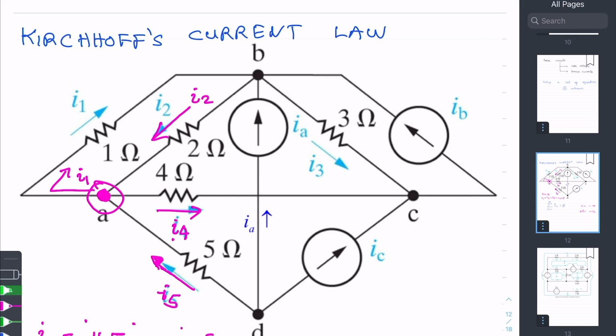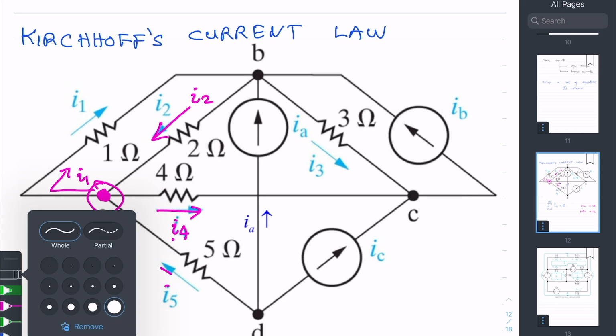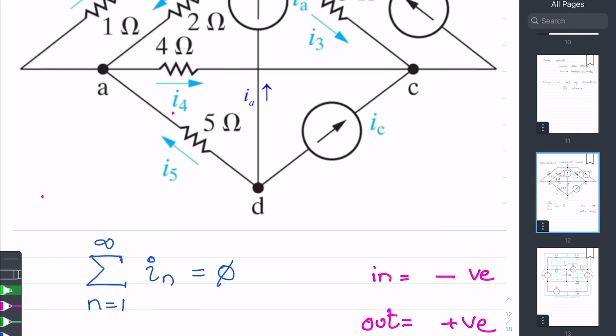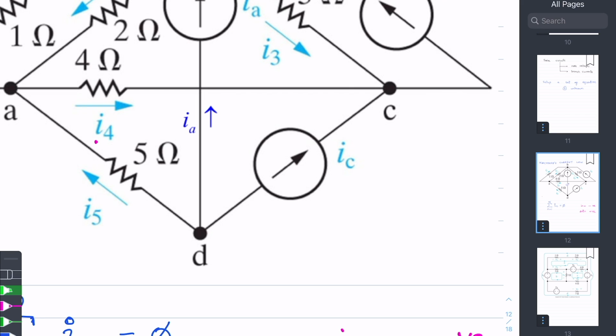Let me write it down a bit more clearly here, and then we look at the example of D. Let's look at another node, D, and apply KCL, Kirchhoff's current law at node D. We look at the currents that are leaving.